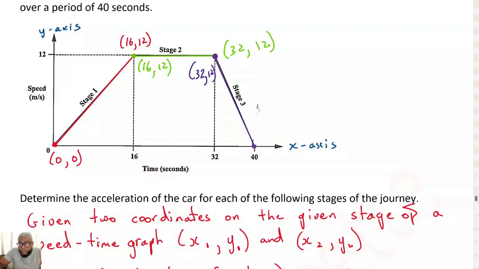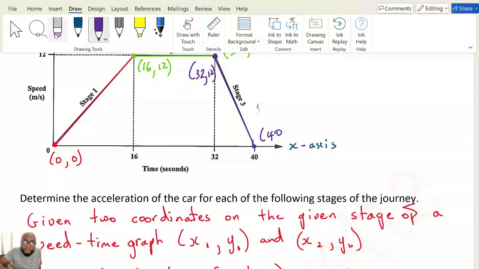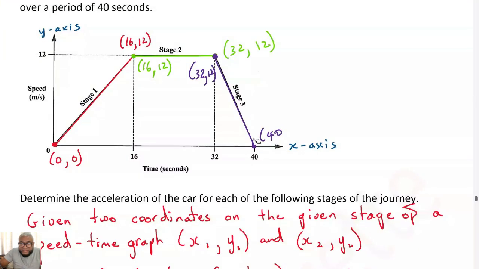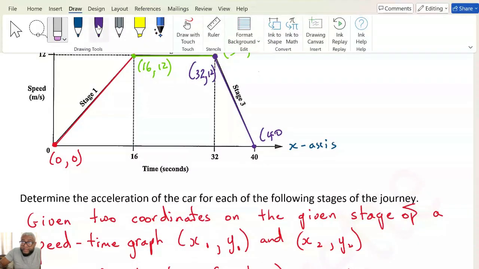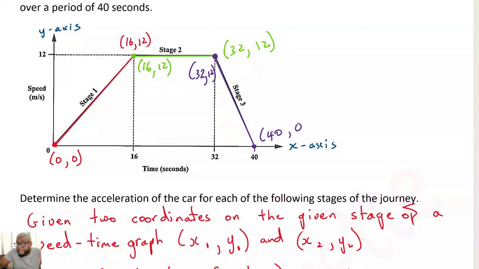So if I am here now, if it's 40 on the x-axis, what does it line up with on the y-axis? 12? No, guys. I hear somebody say 0. Thank you, 0. Right? 40 lines up with 0.